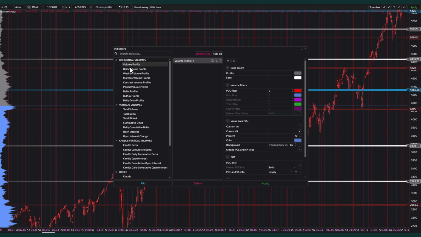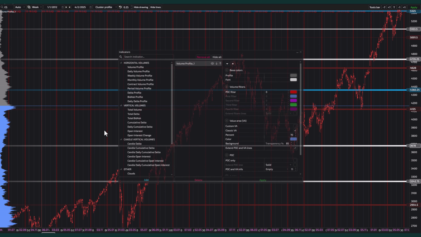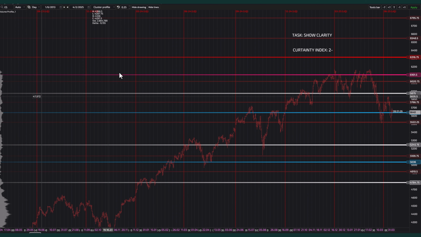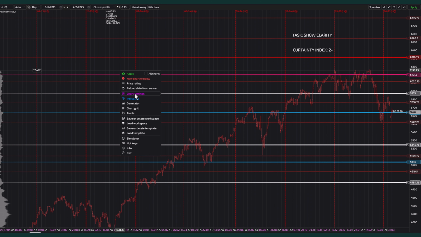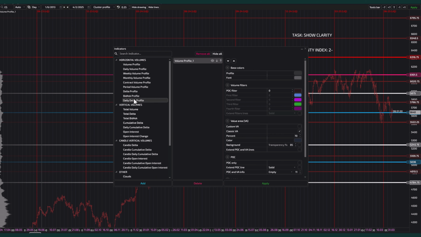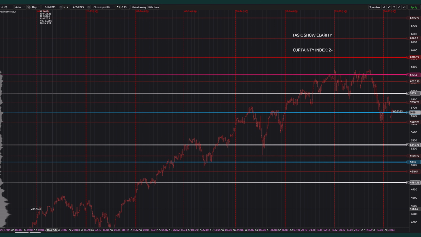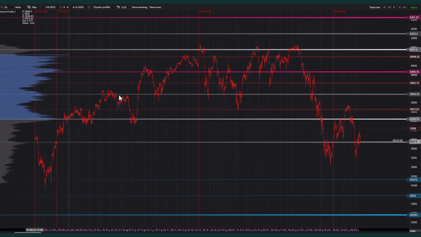The first one, volume profile, here we see the volume profile, daily chart. We also see volume profile, hourly time frame, volume profile, 15-minute time frame, just volume profile.